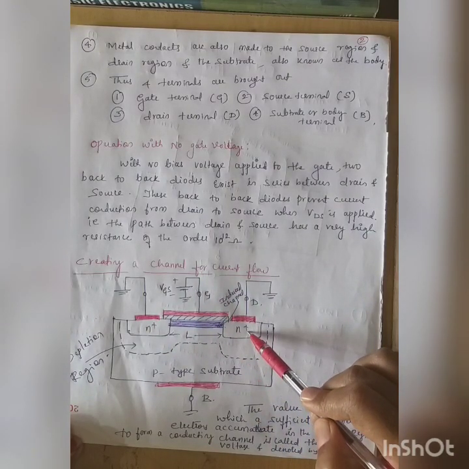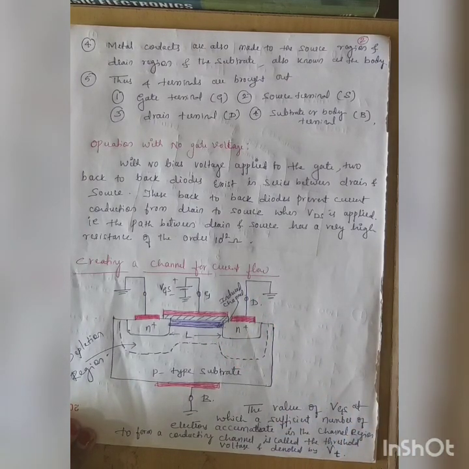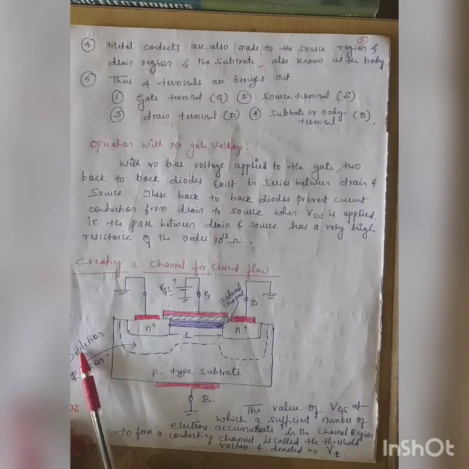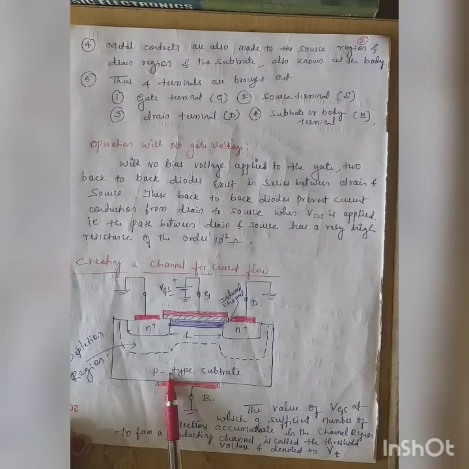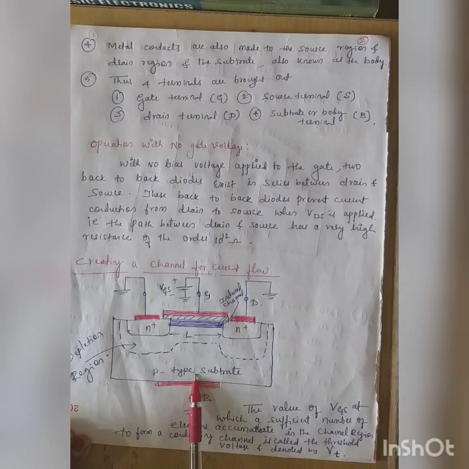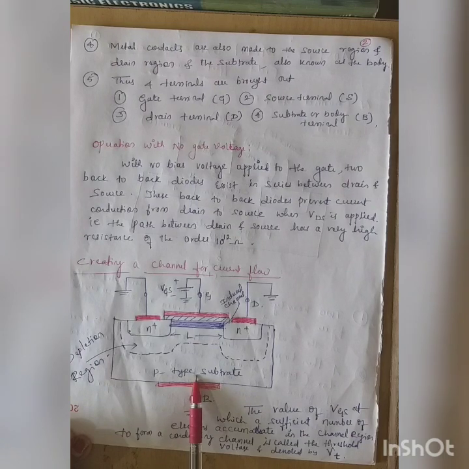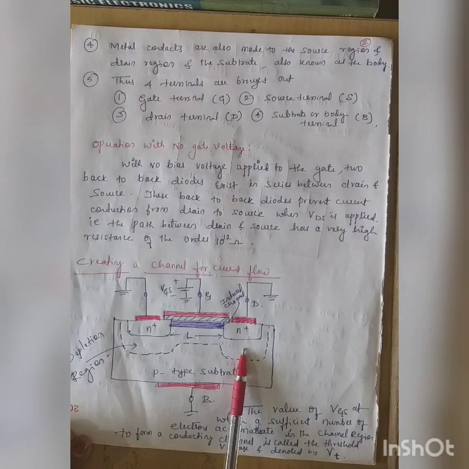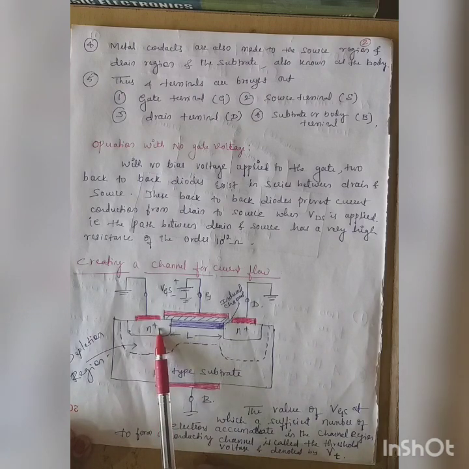As we know, when you have a PN junction, a depletion region is formed. This is denoted by the depletion region here. Now, as we already said, the N type materials are heavily doped and the P type material is lightly doped. The depletion region is going to be larger in the lightly doped region and very small in the heavily doped region. I repeat, this is lightly doped, this is heavily doped.